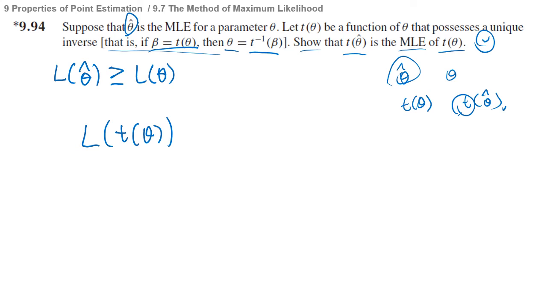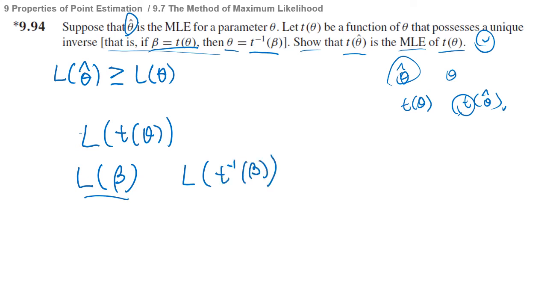Oh, no. Let's think about a different way. We want to find the beta hat that maximizes L beta, and finding the beta hat that maximizes L beta is the same as finding the beta hat that maximizes L of t inverse beta.